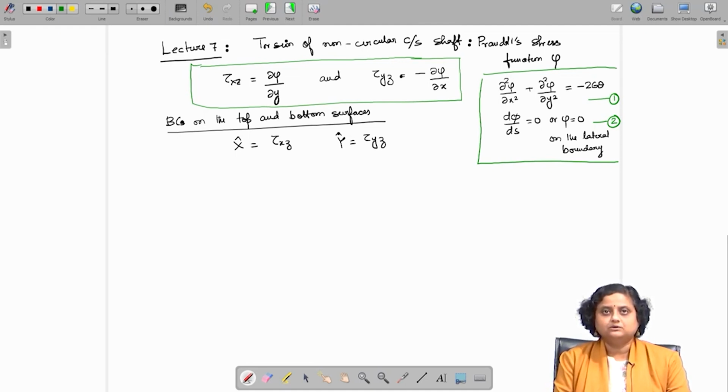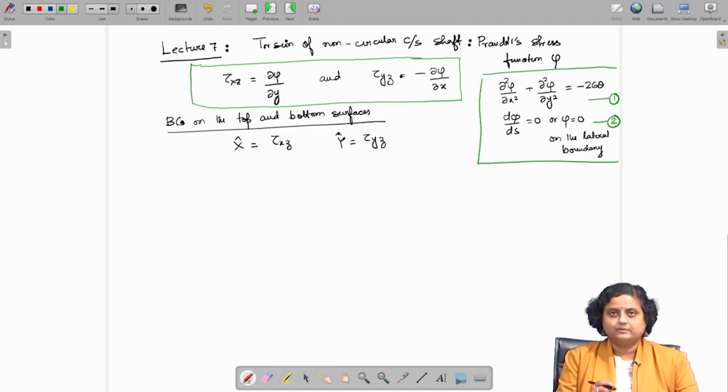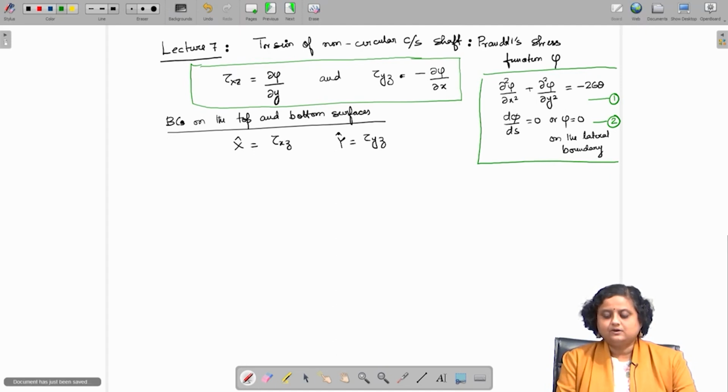We have found that the boundary condition on the top and bottom surfaces left us with these two expressions, that x hat should be equal to tau x z and y hat should be equal to tau y z.